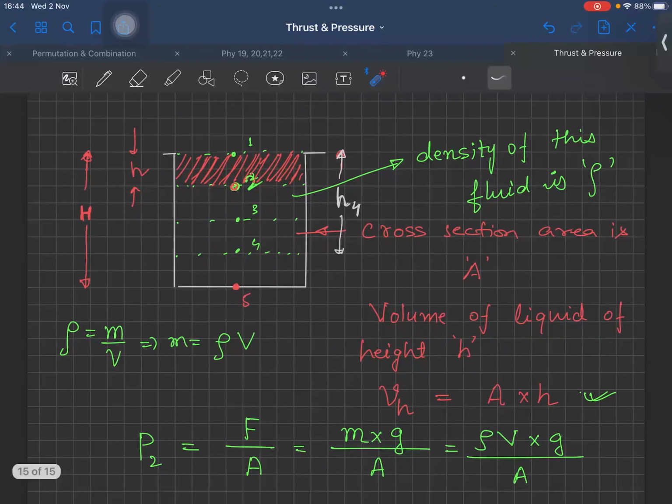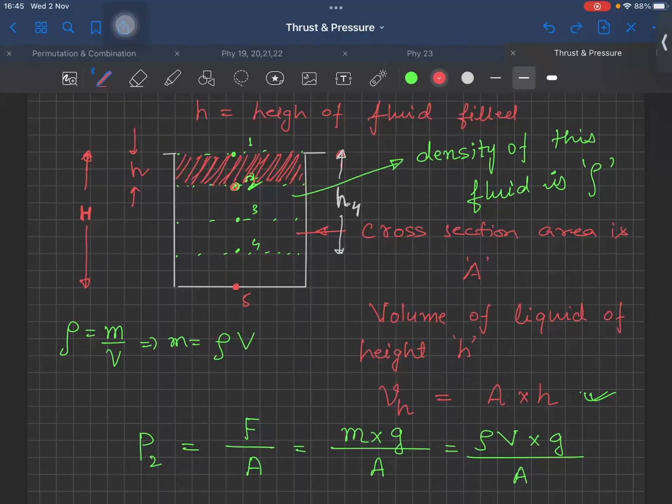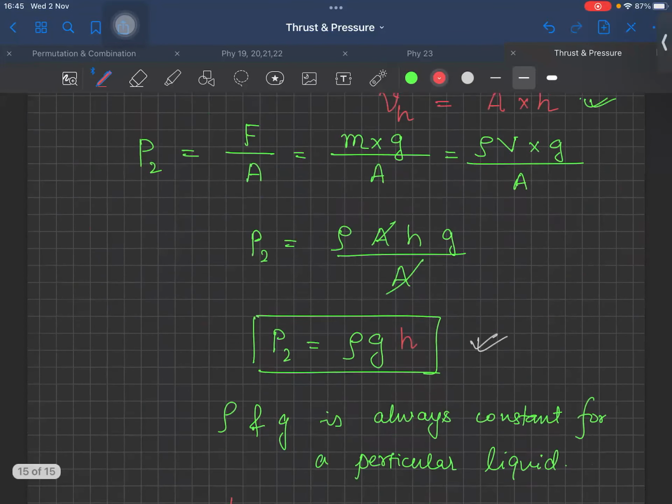Yes, sir. H is the height of liquid, or fluid filled in the container. That's it. Understood? Yes or no? If anybody is still having doubt, please tell me, I can explain again. This is important. If you don't know this part, then we will not be able to understand buoyancy, we won't be able to calculate buoyant force.